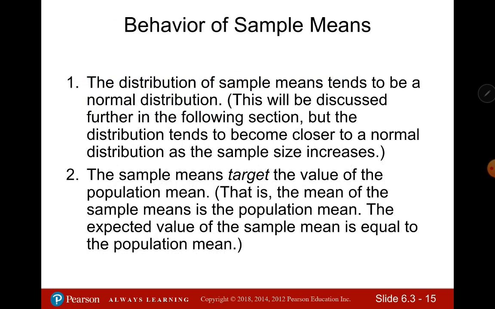So this is again a normal distribution. The mean of the sample means, or the expected value of all the sample means, is just the population mean. Again, the expected value is another way to call the mean value.